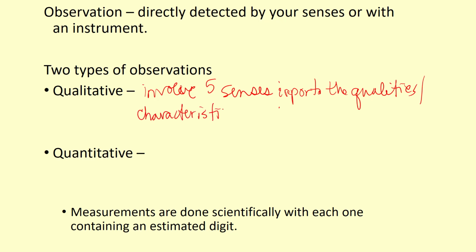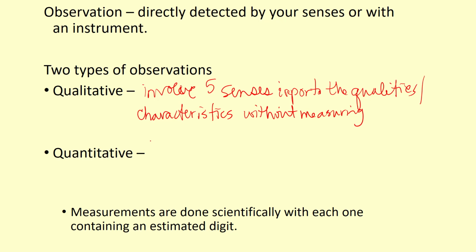I know it's a little messy, but I'm also saying it as I write it, so without measuring. Okay, so reporting the qualities or characteristics of matter without measuring is going to be a qualitative observation.